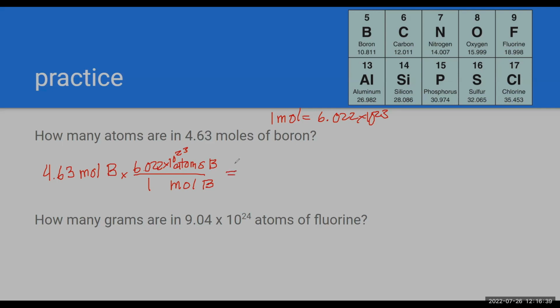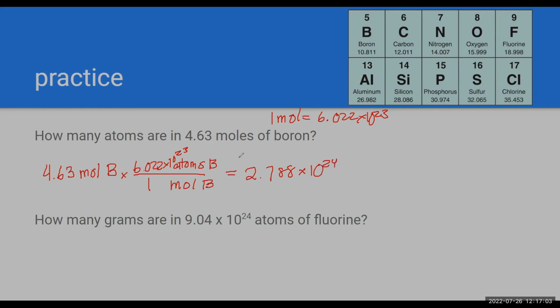So I'm going to run this into the calculator now. I'm going to put 4.63 times Avogadro's number. And I am getting an answer of 2.788 times 10 to the 24.